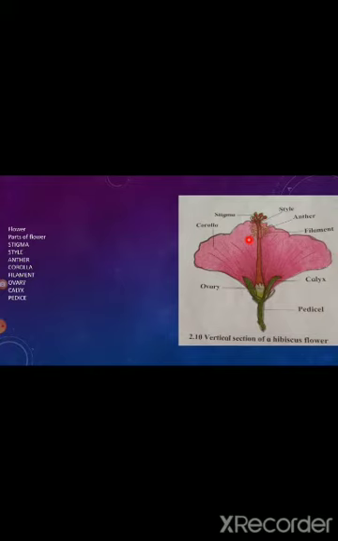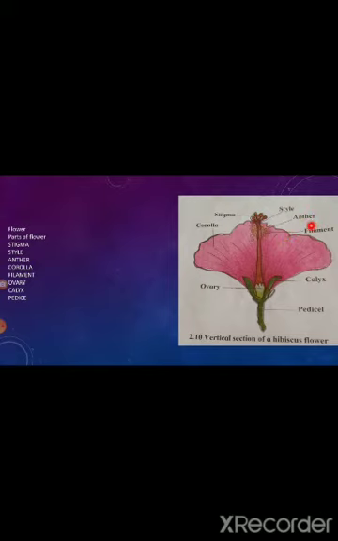The male reproductive part consists of stamen, and stamen is made up of anther and filament. So this is the male reproductive part.